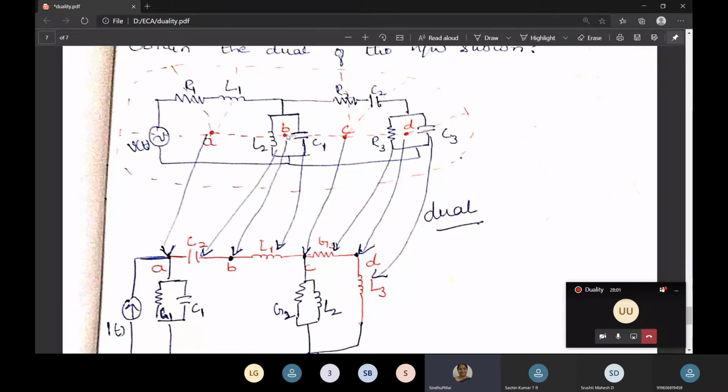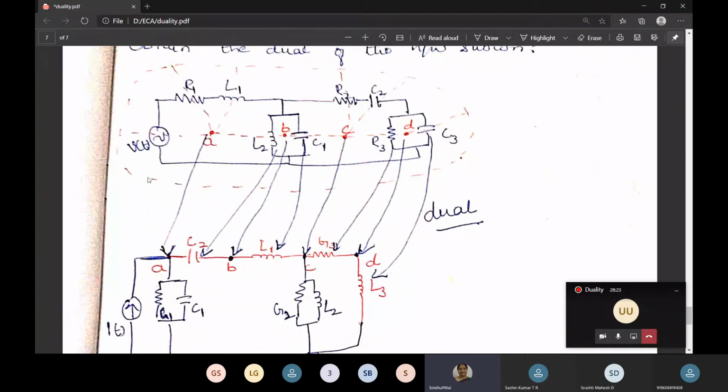Between B and C we have capacitor C1, so replace it by L1. Next, between C and D we have resistance R3. Replace it by G3. From D to ground we have C3. Replace it by L3. Dual of capacitance is inductance.